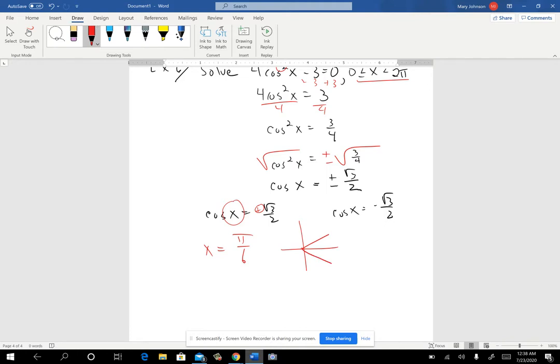Okay, so here at pi over 6, the cosine would be square root of 3 over 2. But if I went all the way around to here, wouldn't the cosine be the same? So I need to report both of those because I've got to report every angle from 0 to 2 pi. So that's going to be there, or 1 short of 2 pi.